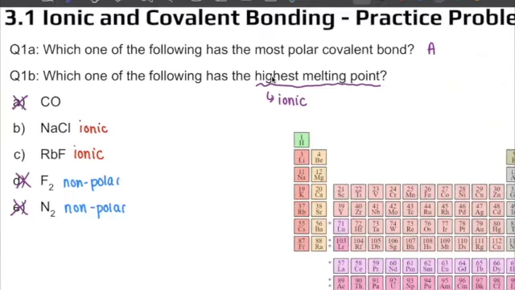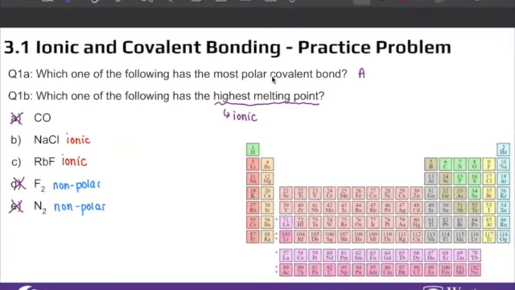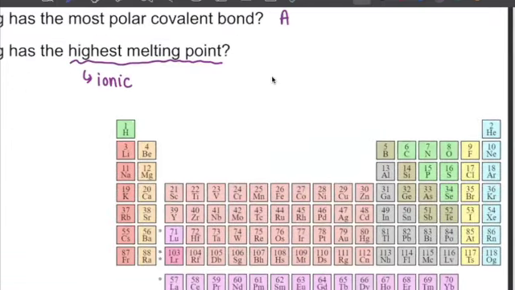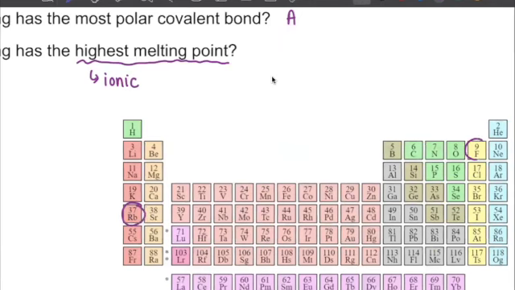And then when deciding between B and C, now is when we want to use our periodic trend in atomic radius. So RbF is going to be quite different in size because we can see that one is all the way down here in row 5, whereas F is up here, it's going to be a lot smaller.